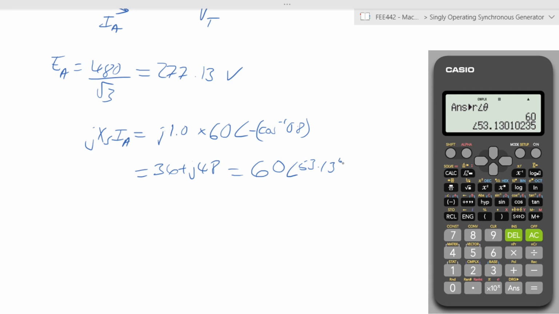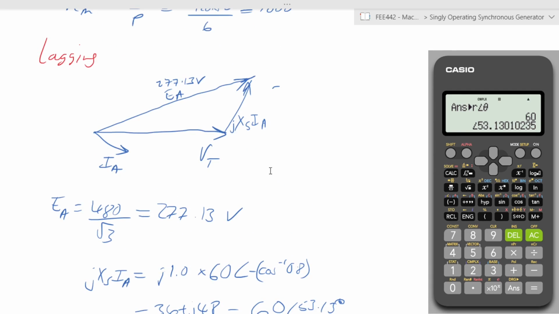Once again, we are getting into the debate of what does the angle mean. But what it means here is your angle here.